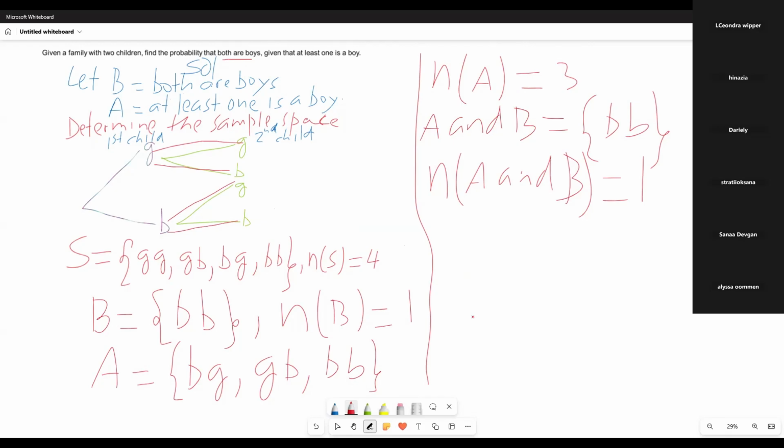So the probability of B, both are boys, given at least one is a boy, will be P of A and B over P of A.